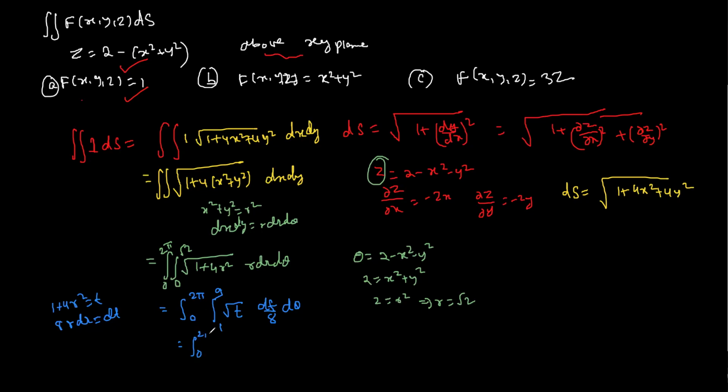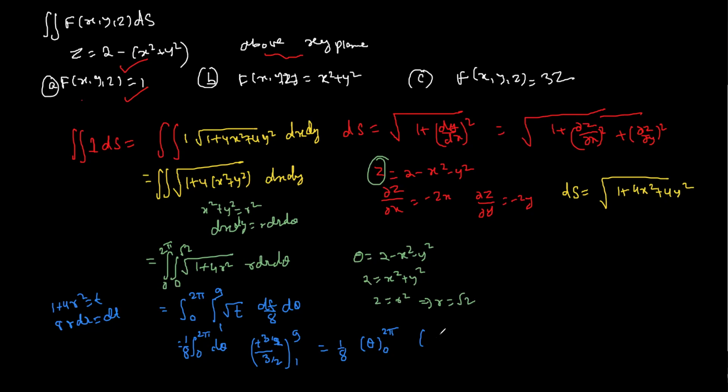So integrate individually: theta, and 1 by 8 is constant, and t raised to 3 by 2 upon 3 by 2, theta from 0 to 2 pi.